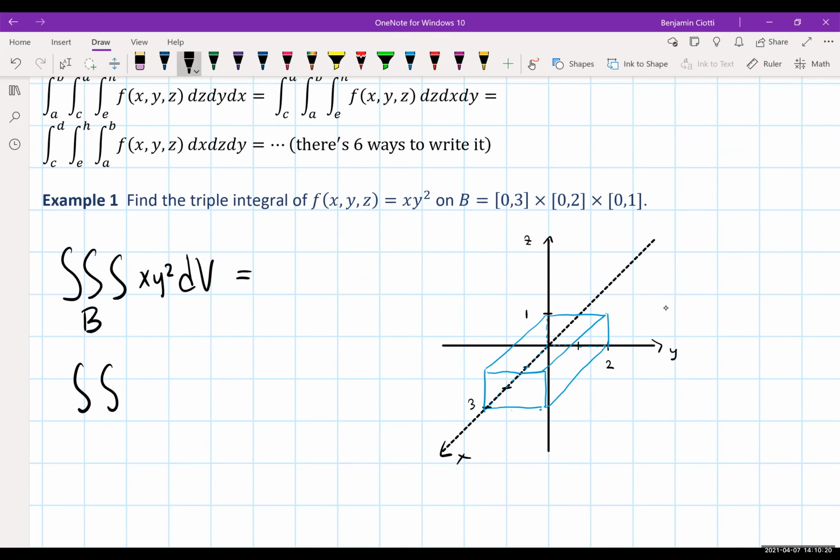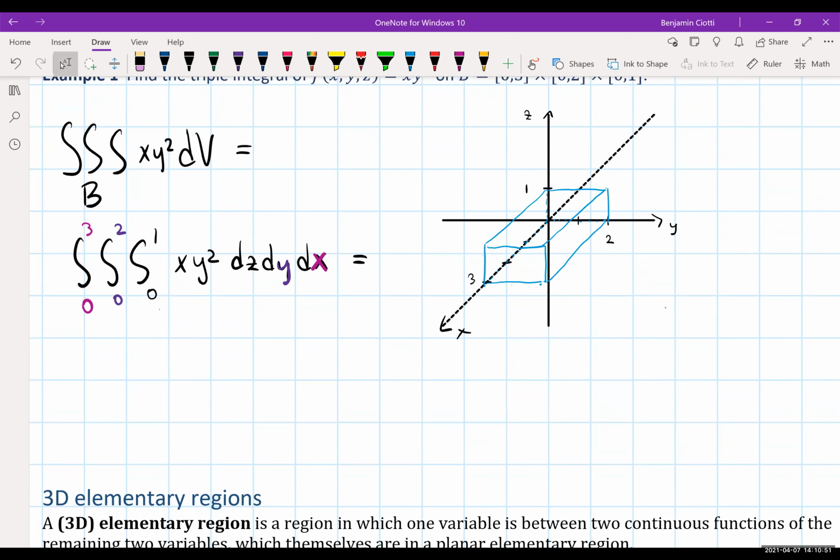How about, let's see, I'll do dz, dy, dx. How about that? So z goes from 0 to 1. y goes from 0 to 2. And x goes from 0 to 3.